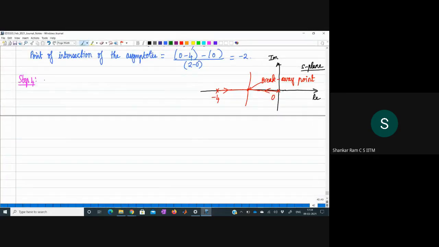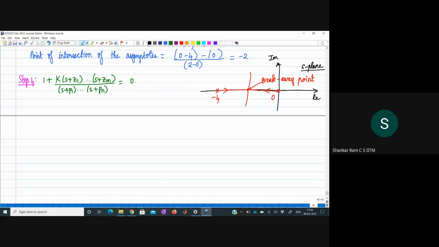Now we recall that the closed loop characteristic equation can be written in this form, right? It is 1 plus G(s)H(s) equals 0, and G(s)H(s) we write as K times (s plus z1) all the way till (s plus zm) divided by (s plus p1) all the way till (s plus pn), and this is equal to 0.